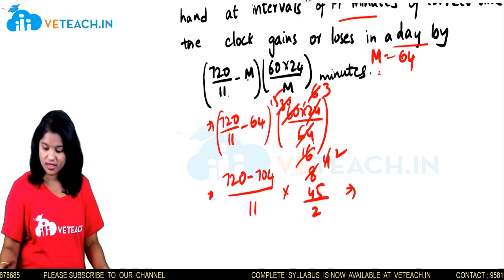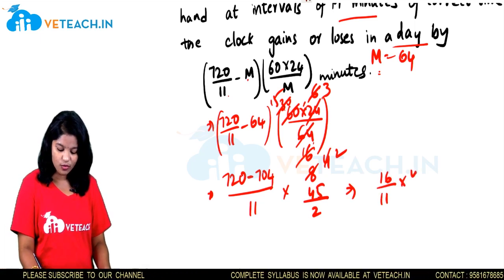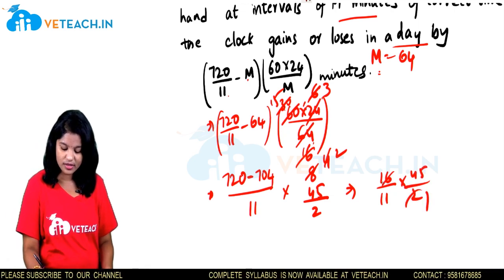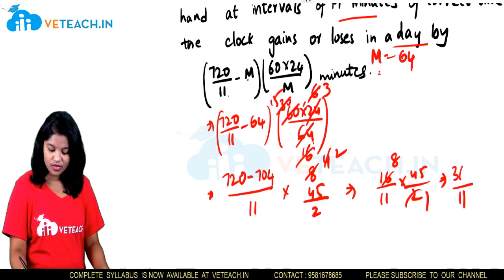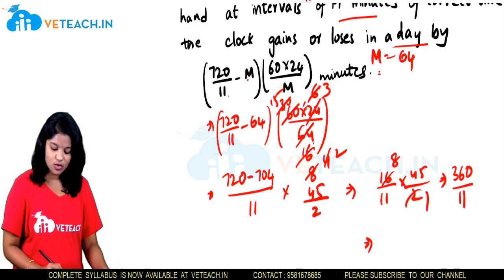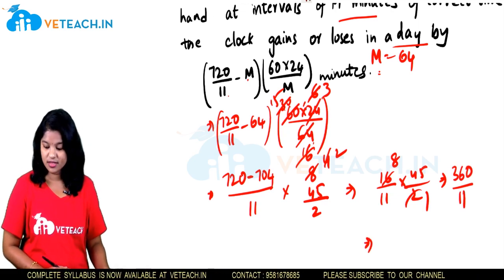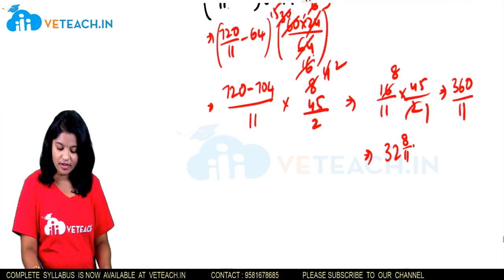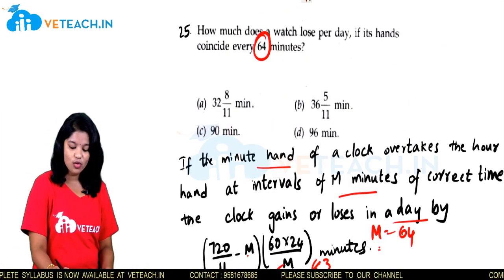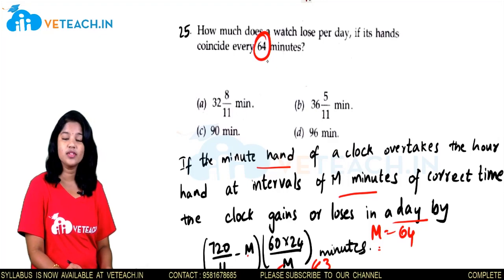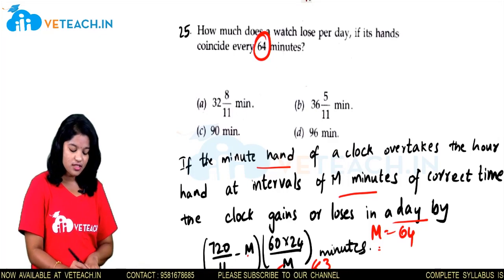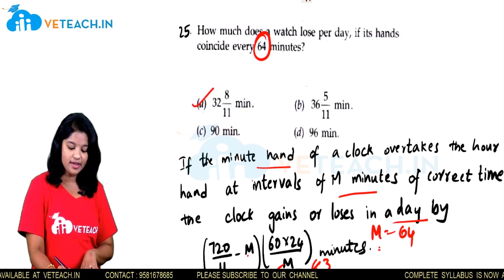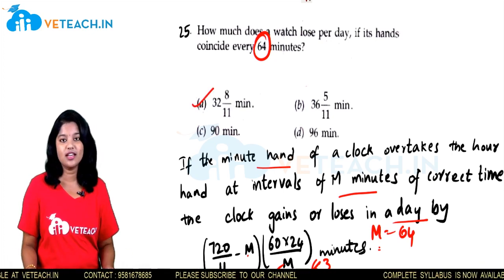So that implies 16 by 11 into 45 by 2, which is equal to 360 by 11. So we can write it approximately as 32 8 by 11 minutes. So if the minute hand coincides every 64 minutes, it loses 32 8 by 11 minutes per day. So option A is our correct answer.